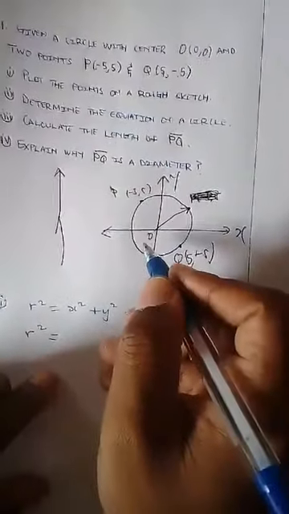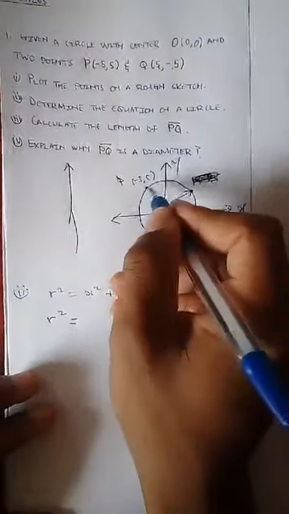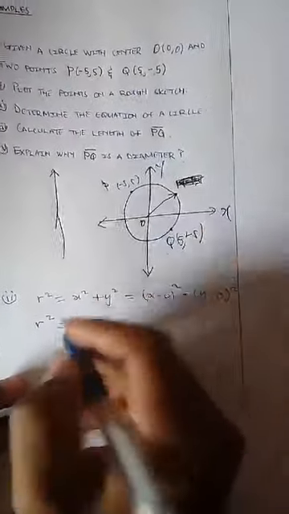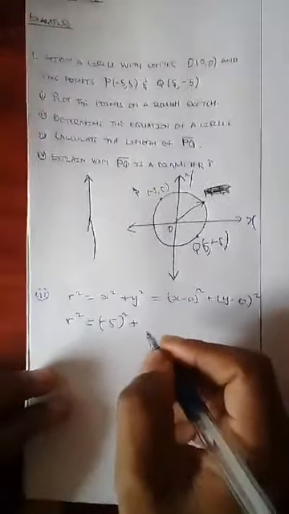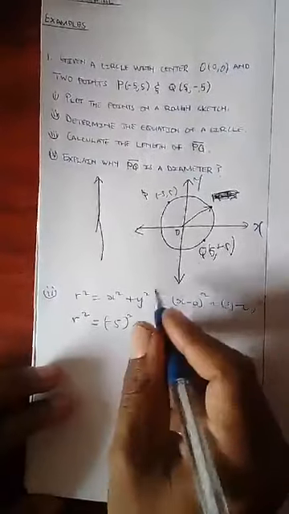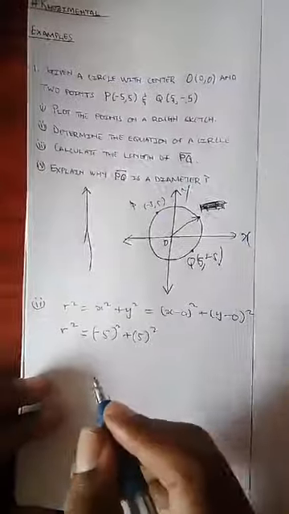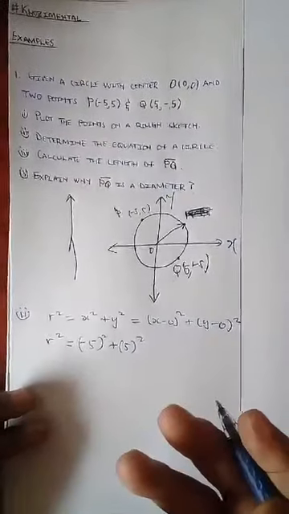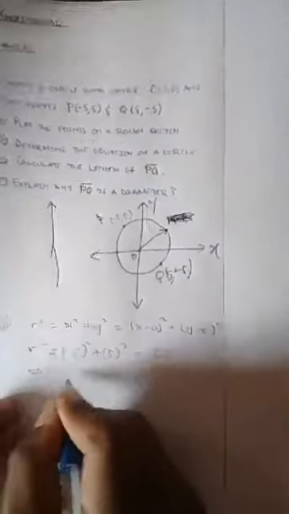So choose any point. If we take the point P, x there is minus 5, so this is minus 5 all squared, plus y is also 5, so 5 squared, and 5 squared is 25, plus another 5 squared is 50, so this is 50.